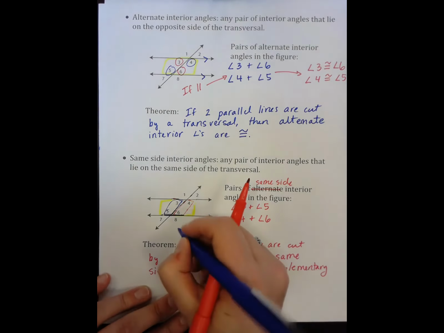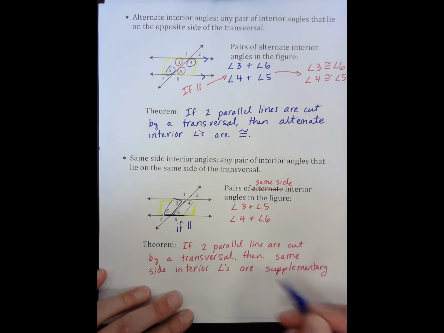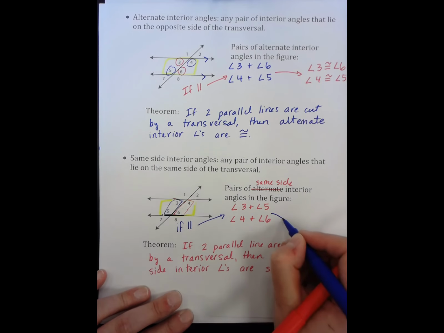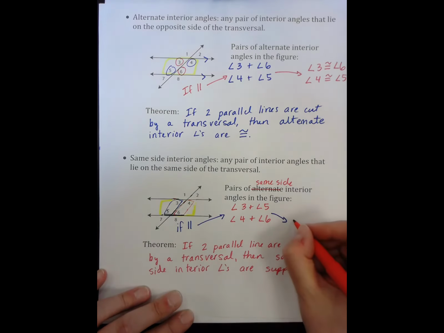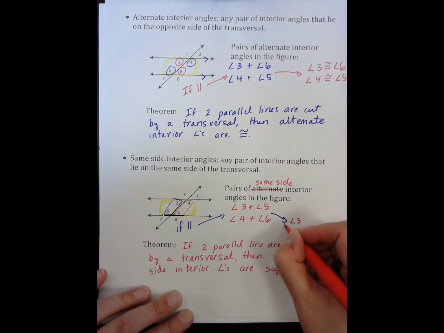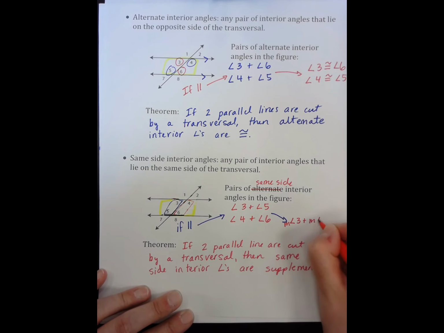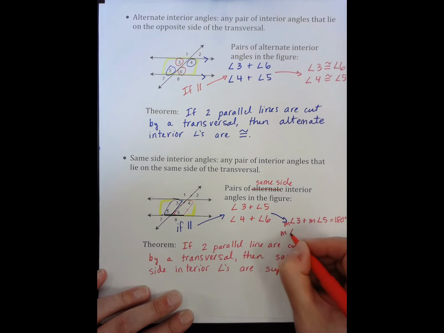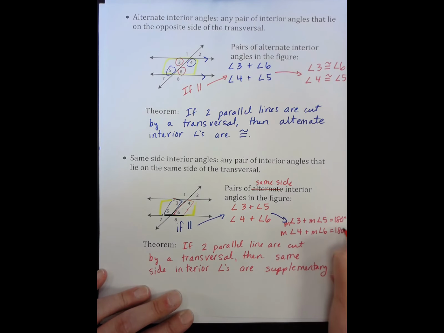So if I go back here and I say, well, if these lines are parallel, then these statements actually turn into that the measure of angle 3 plus the measure of angle 5 equals 180 degrees, and the measure of angle 4 plus the measure of angle 6 equals 180 degrees.